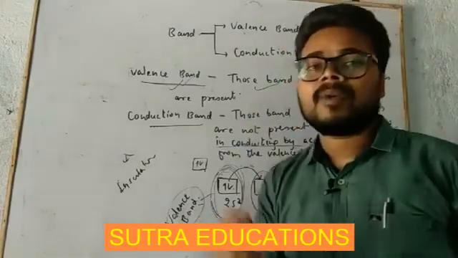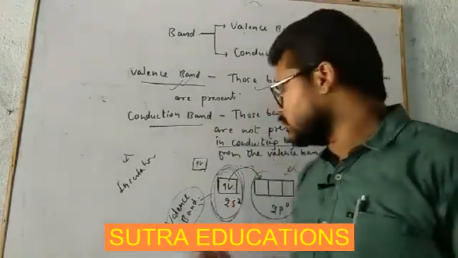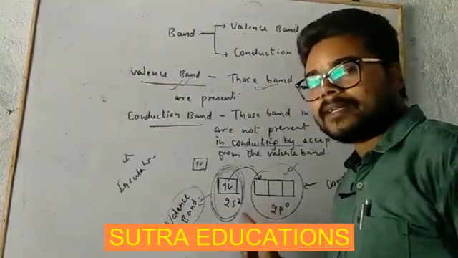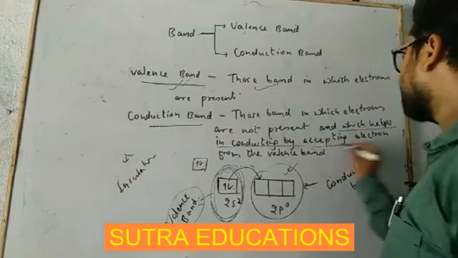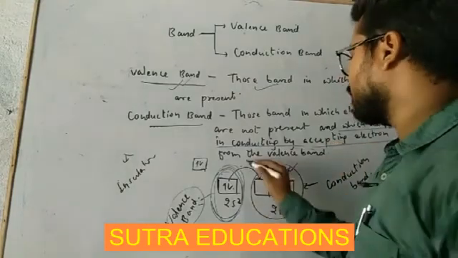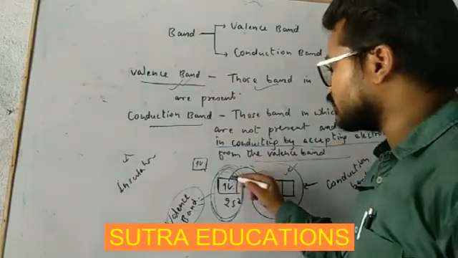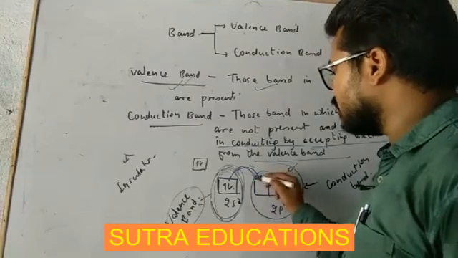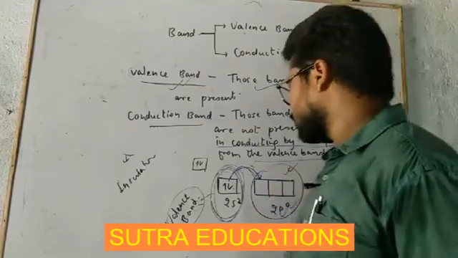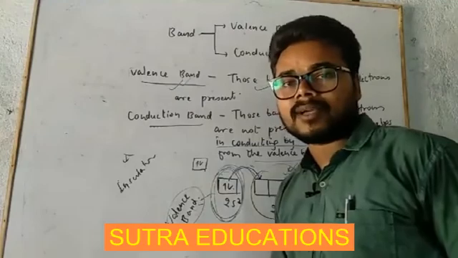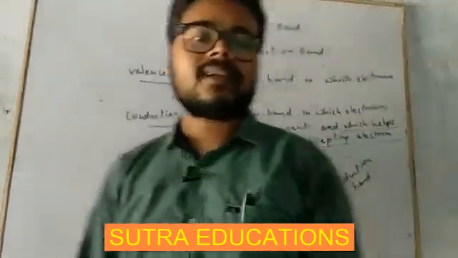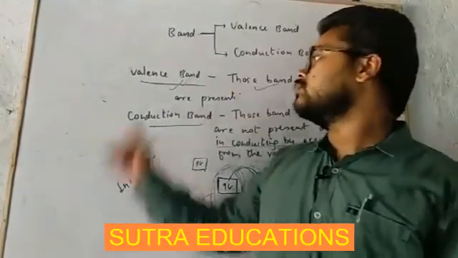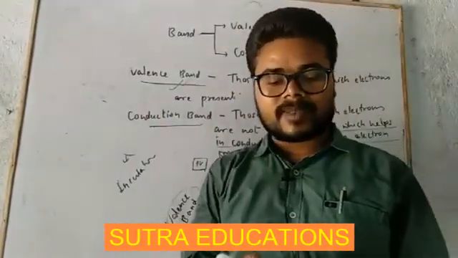This beryllium was a conductor due to the presence of this 2p orbital, which helps in conducting by accepting electrons from the valence band. One electron jumps and comes to this 2p, which I told you is the conduction band, and since it helps in conduction, it is known as the conduction band. So two types of band are there, valence band and conduction band.